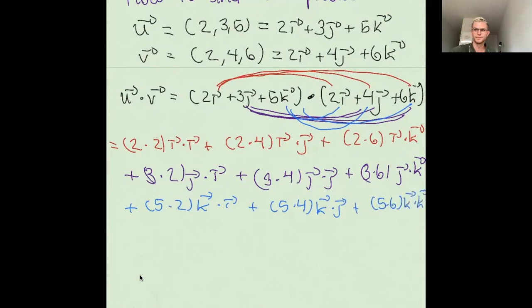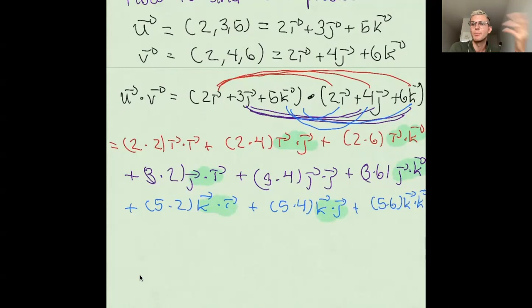Is that making sense? Yeah, exactly, that's what's going to happen. You see there's a bunch of things that just die. Why do they die? Because many of these dot products are 0, right? So this is 0, this is 0. In fact, if you thought of this as a matrix, for those who have seen it, whatever is not along the diagonal just dies automatically.